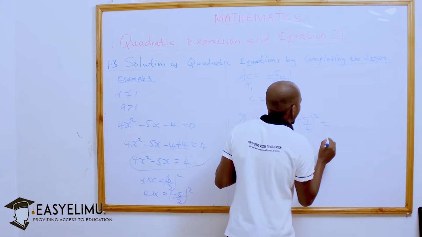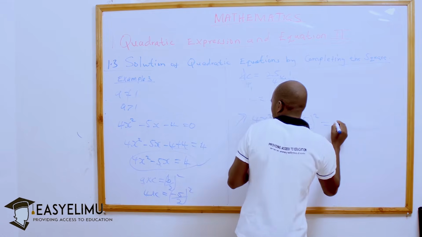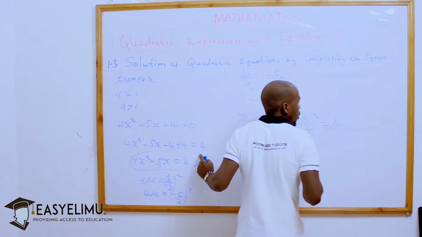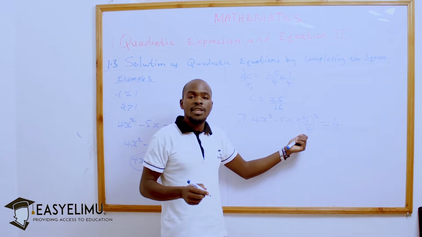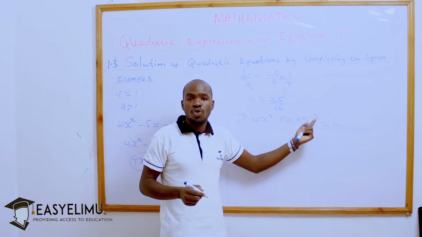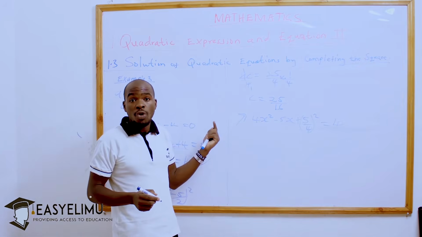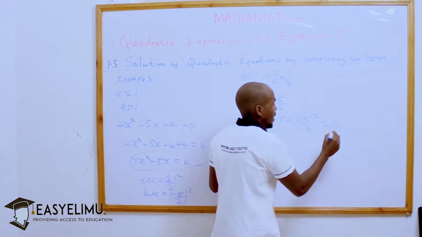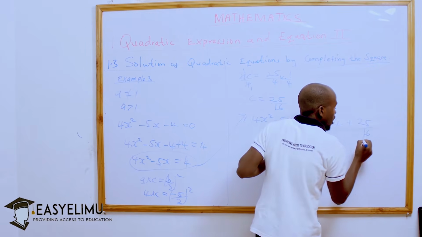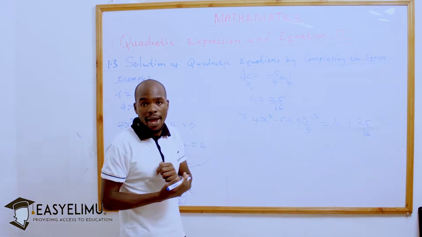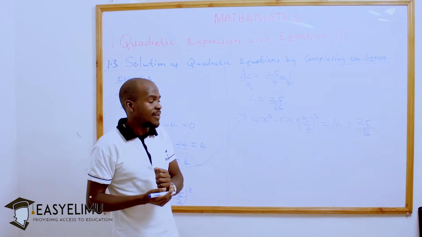On the right hand side we had 4, but because we have added 25 over 16, which is the same as 5 over 4 squared, on the left hand side, we also add it on the right hand side. This is just still the same.